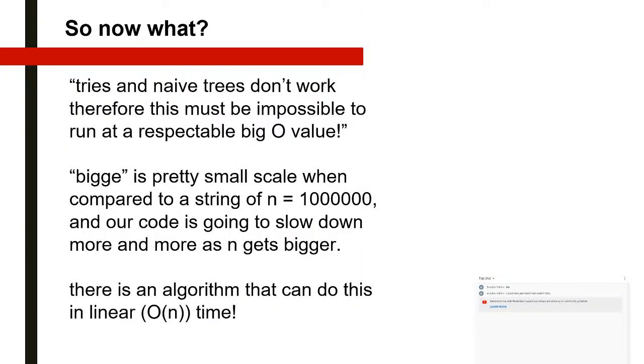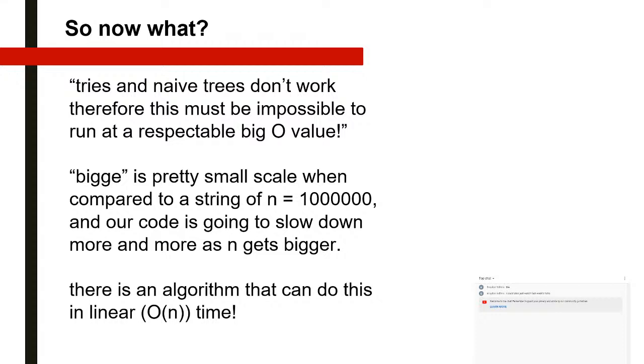So there's a solution, even though it seems like the only two options have been exhausted. Tries and naive trees don't work, and therefore maybe it's impossible to run at a respectable big O value.